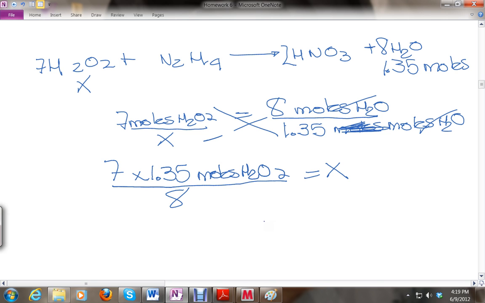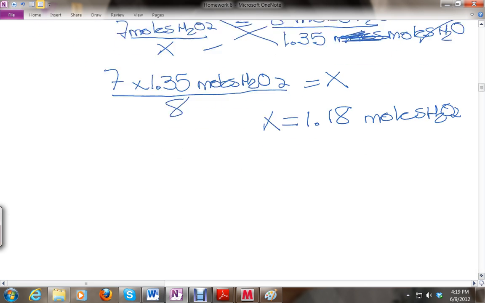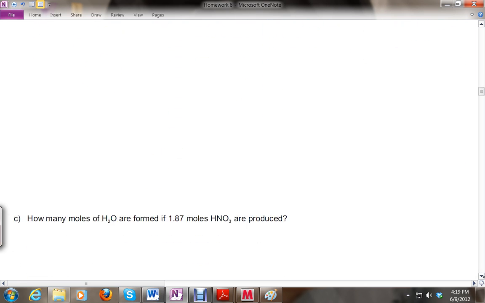X would be 1.18 moles of H2O2. Now, by the way, I already gave the results in 3 sig figs: 1, 2, 3. You're probably going to have more numbers on your calculator. You just have to round it to that.